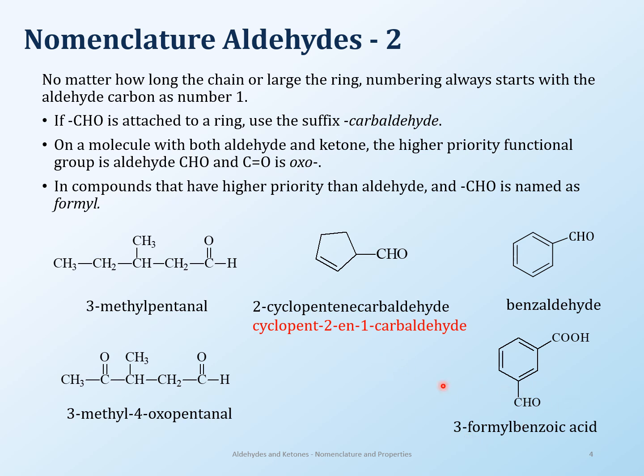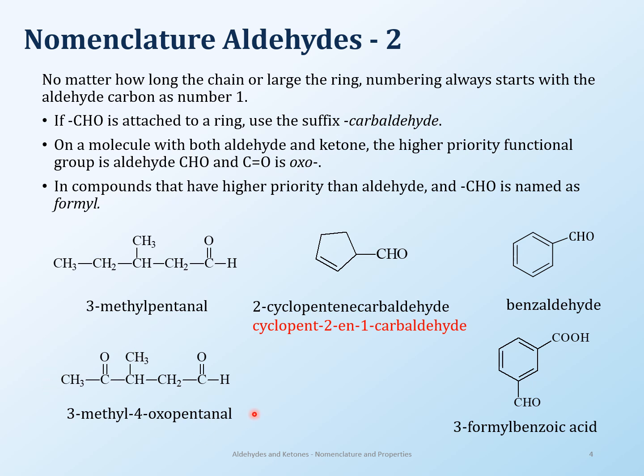Sometimes it's carbaldehyde, sometimes it's formyl, but usually whenever there is another functional group with higher priority, it's called formyl. So here we go. Anyhow, so the formylbenzoic acid. Usually if I ask you to make something like this, I will just say make this compound. I probably won't give you the name for it, but anyhow, now you know the nomenclature also.